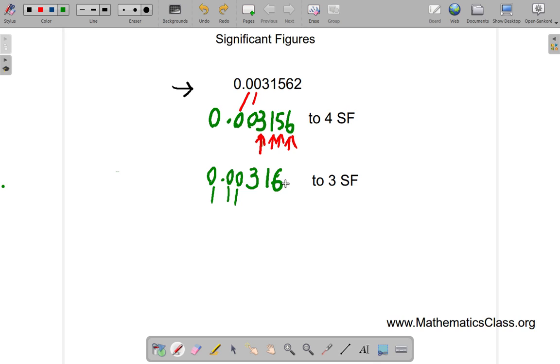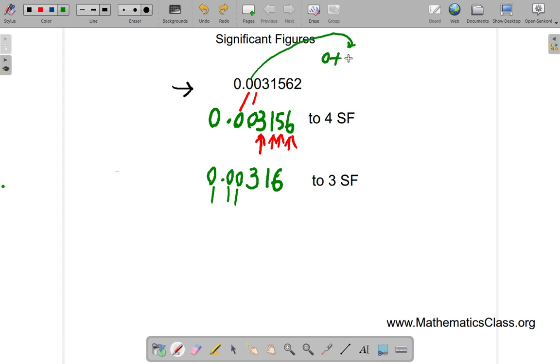Alright, now I'm going to want you to write it to 2 and then 1 significant figure. But just before we finish, let us see what this decimal really means. Here it is just 0 plus this 0.